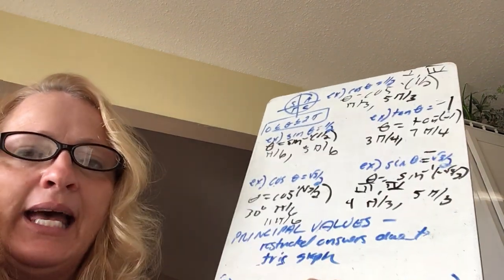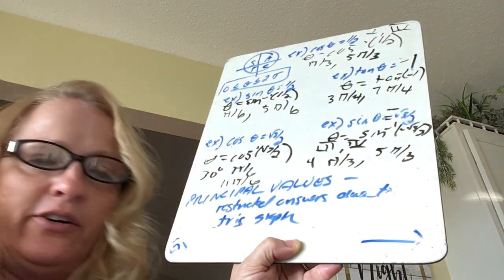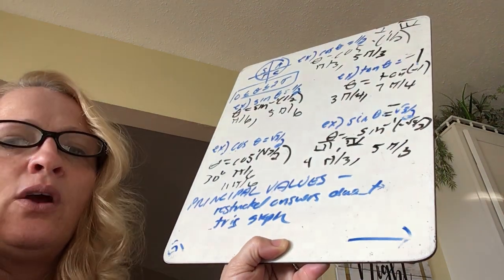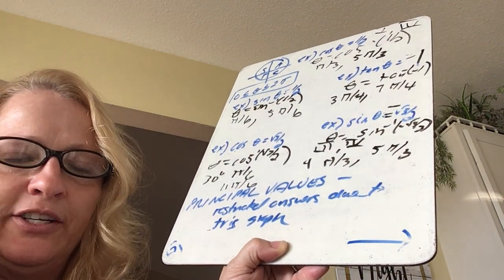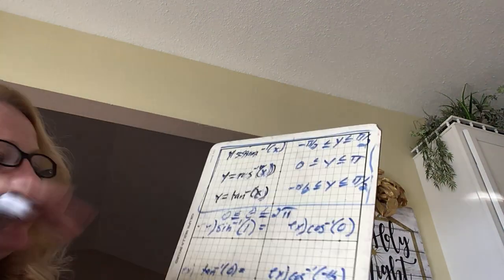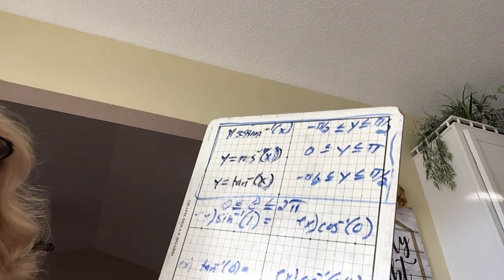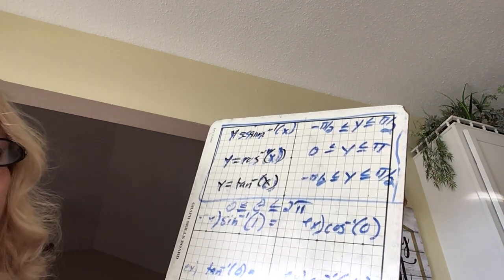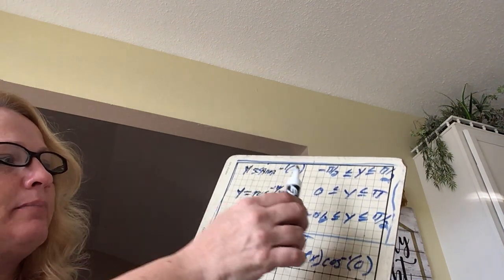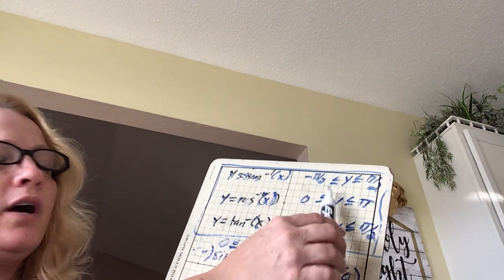Now, again, the idea that I talked about, principal values: there's a reason your calculator does not give you all the answers. It's because the inverses restrict our domains and ranges, and we will talk about that with our graphs. Okay, so just to give you a heads up, if I had my sine inverse graph, which I don't expect you to understand yet, when I'm talking about domain restrictions, I'm talking about how sine inverse is restricted between quadrants 1 and 4.